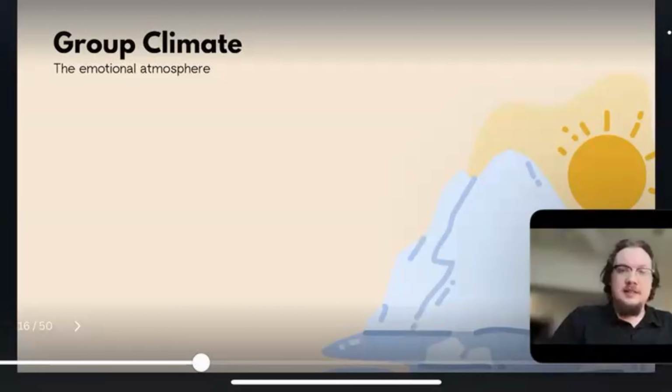Group climate is the emotional atmosphere, the enveloping tone that is created by the way we communicate in groups. So it is the emotional atmosphere in which we create and communicate in groups. We could have a positive climate. So this exists when individuals perceive that they are valued, supported, and treated well by the group. Then we can also have a negative climate.